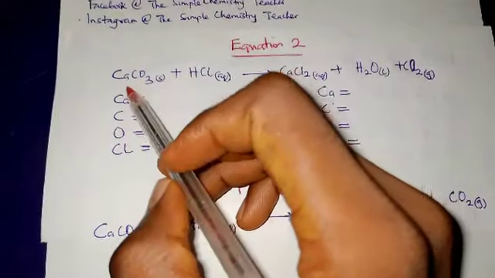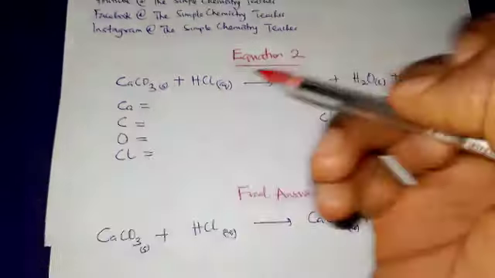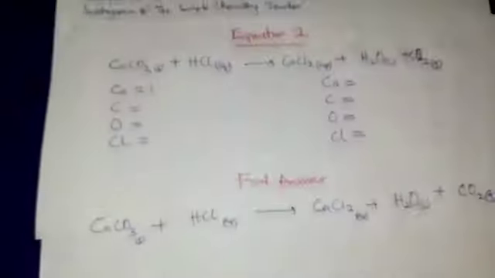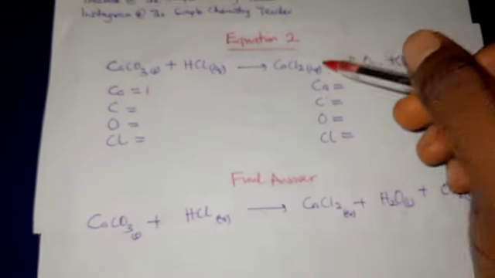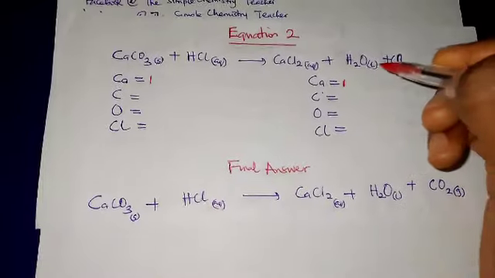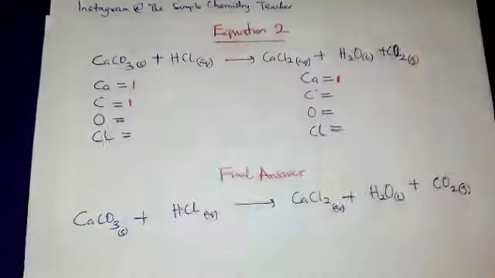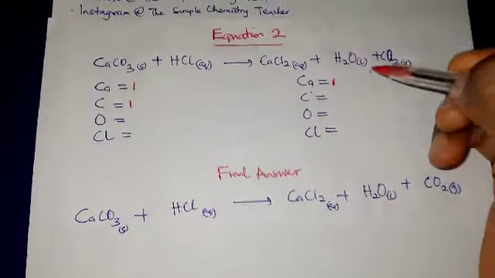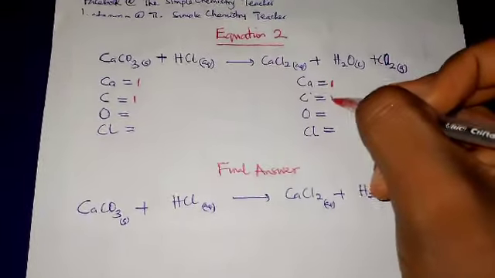Now, we have one calcium here. Okay, we have one. And here, how many calcium do we have? We have one. Then we have one carbon here. How many carbon do we have here? One.